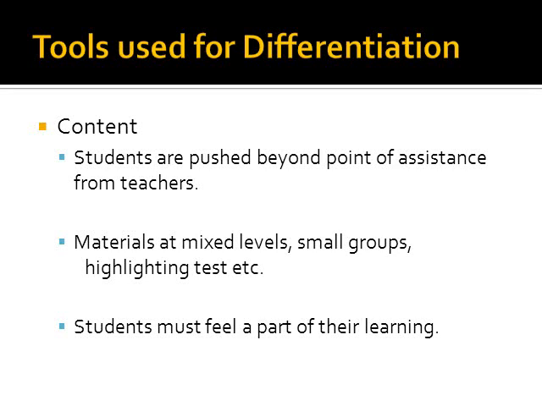We want to push our students beyond the point of assistance from teachers. Materials are at mixed levels, small groups, highlighting the text, etc. And students must feel a part of their learning. For example, getting to pick what they're going to read, or feeling like whatever they're learning relates to them can help in differentiation.